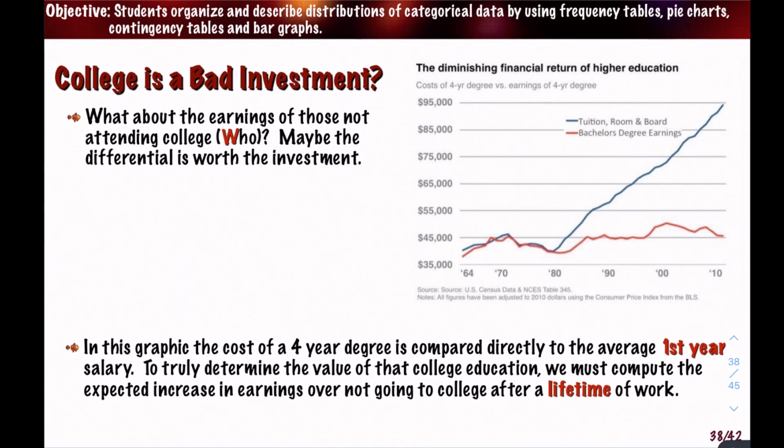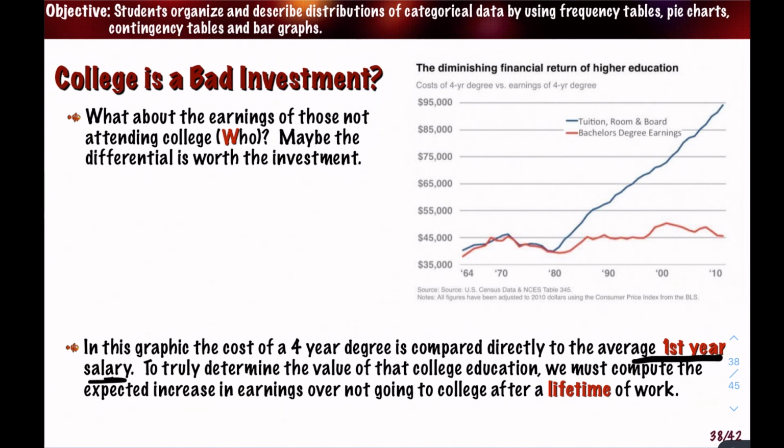Now, you might be asking yourself, what about the earnings of those not attending college? Are those in this data set? Maybe the differential is worth the investment. Who knows? So in this graphic, the cost of a 4-year degree is compared directly to the average first-year salary.